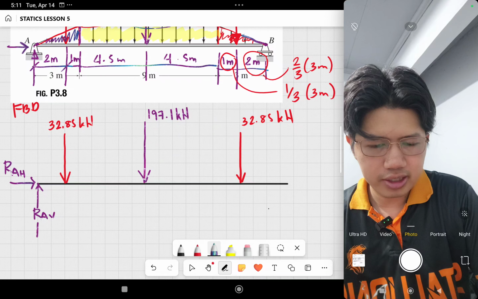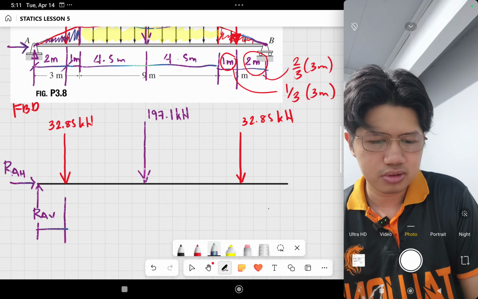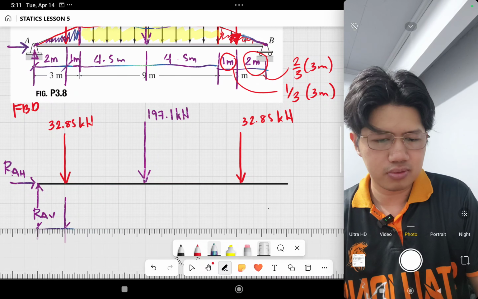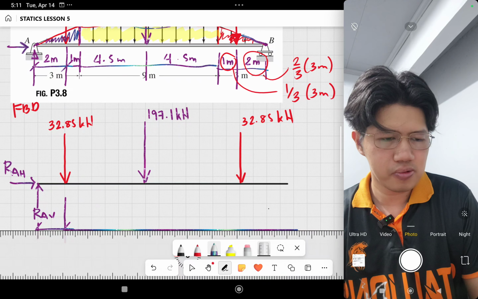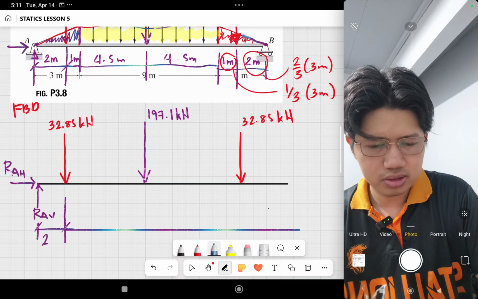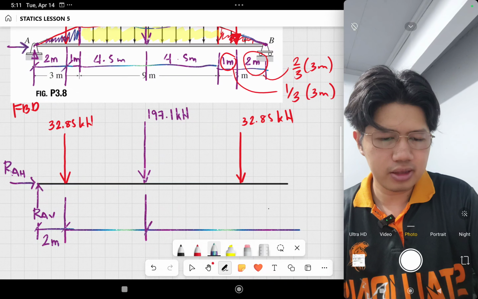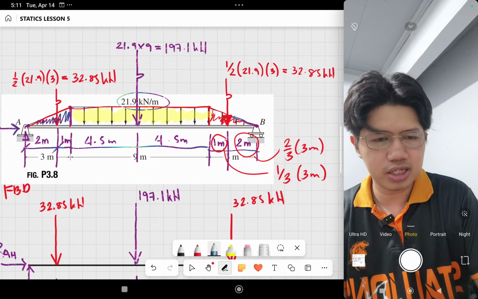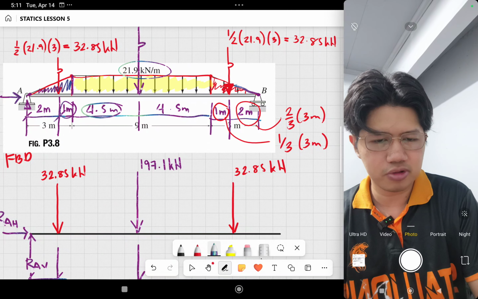So, from point A hanggang dun sa 32.85 kilonewton, that is 2 meters. And then from 32.85 hanggang dun sa 197.1, that is 1 meter na siya doon, plus 4.5.